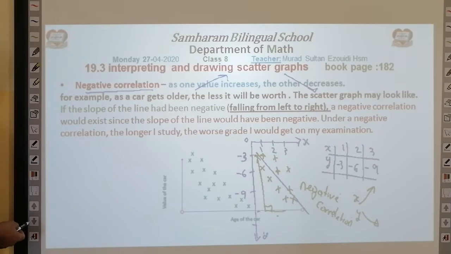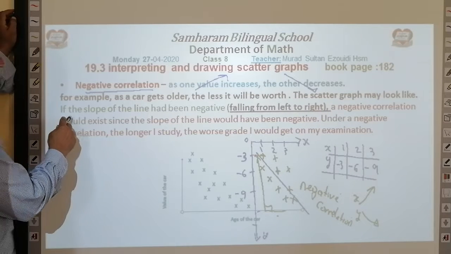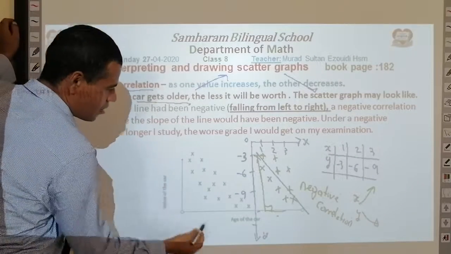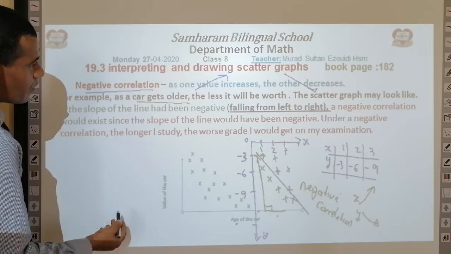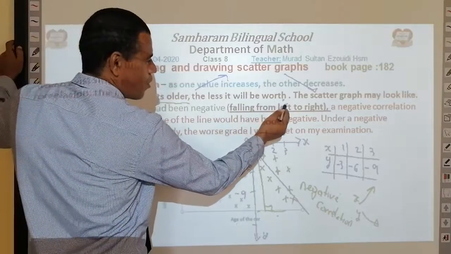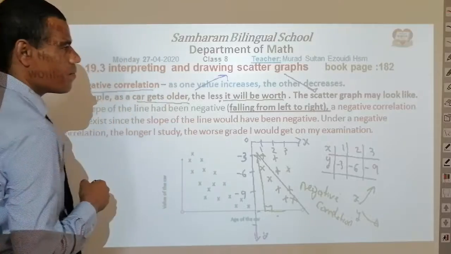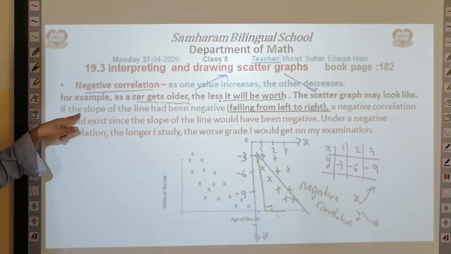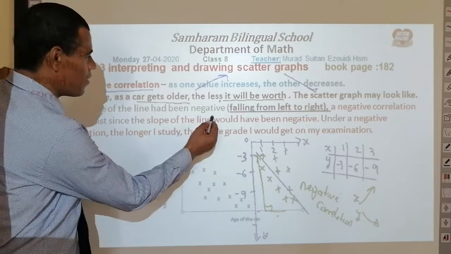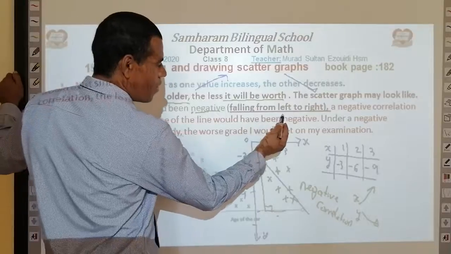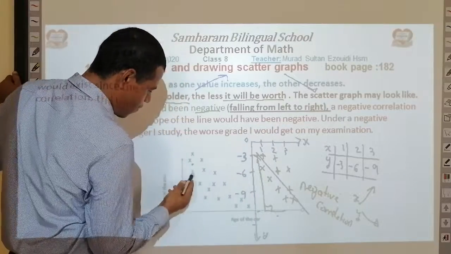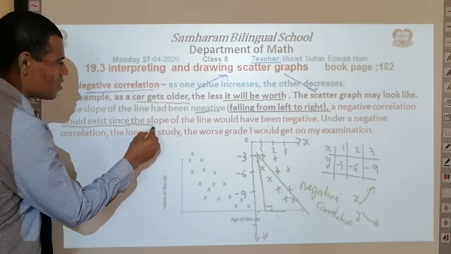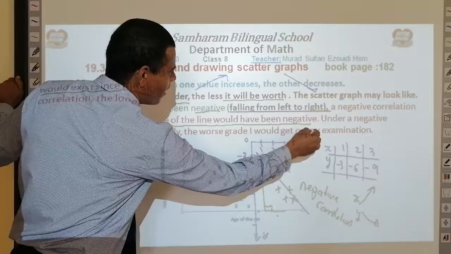Okay? The next. For example, as a car gets older, the less it will be worth. The scatter graph may look like that. If the slope of the line is negative, falling from left to right, a negative correlation would exist since the slope of the line would be negative.